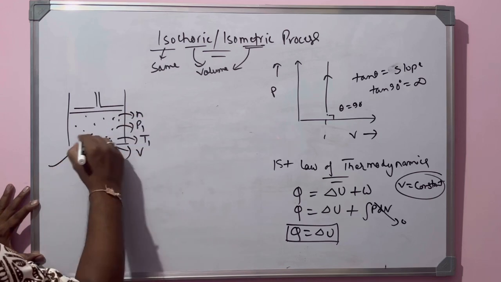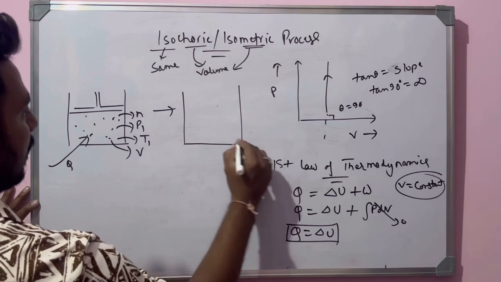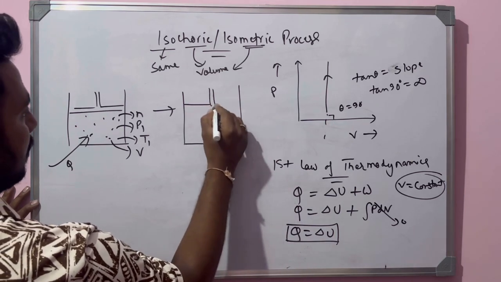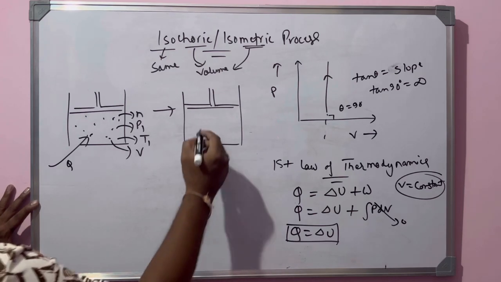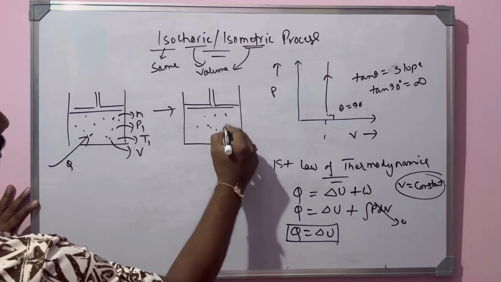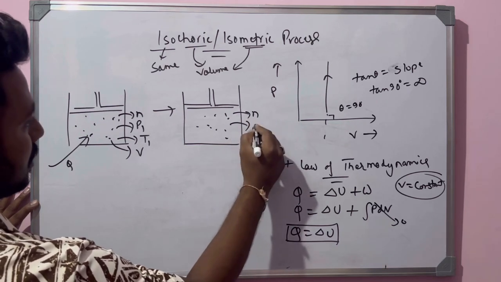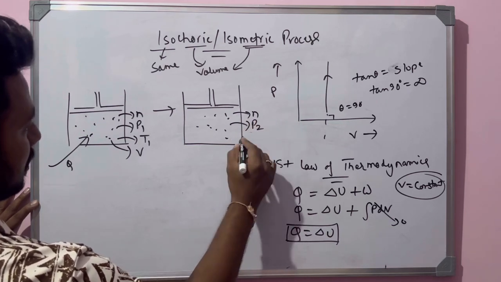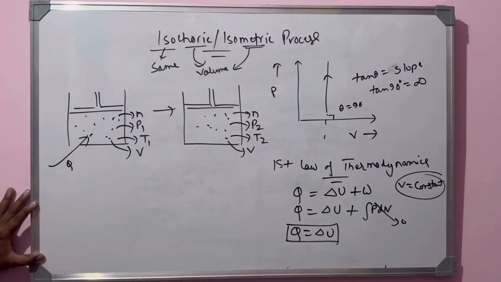Now you supply heat to this. That heat will be completely utilized in changing the internal energy. There won't be any change in the volume. There is no work done at all. So in the second state of the gas, number of moles is going to remain constant. Pressure will change, temperature is changing, but volume is remaining constant.